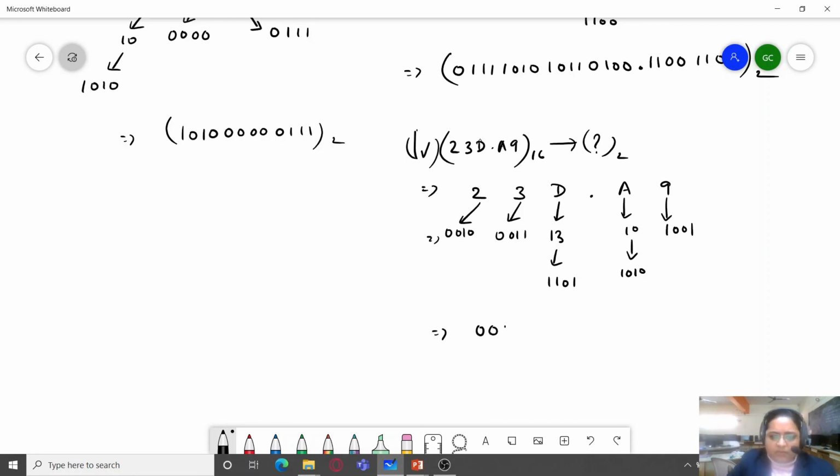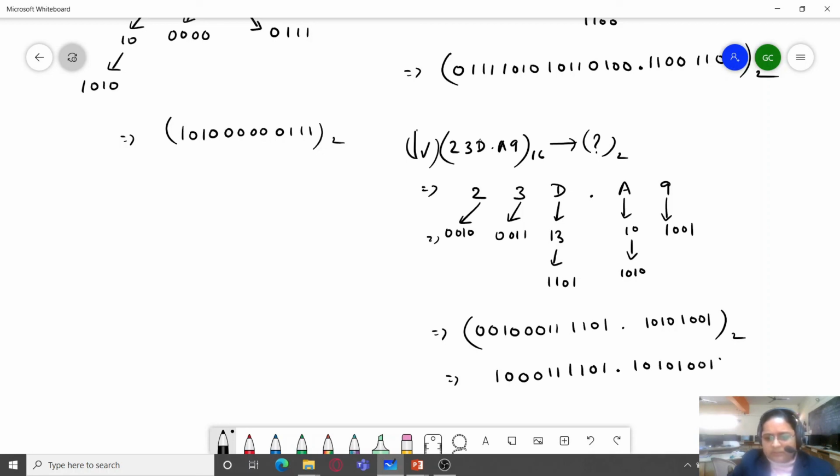And we will now write them like this. We can remove the leading and the trailing zeros if there are any in the number, and hence this is the answer.